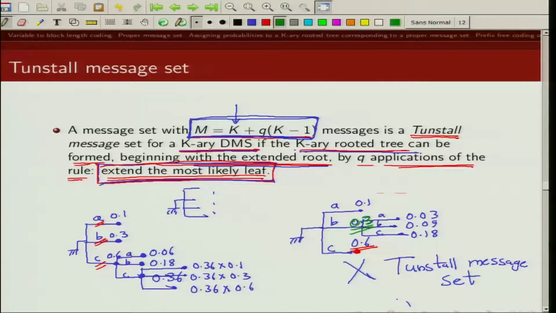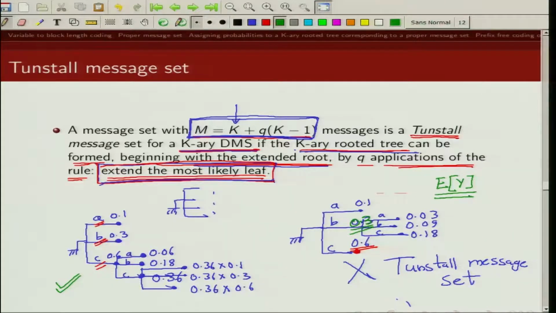So this is not a Tunstall message set, whereas this is a Tunstall message set. Now you can see easily why a Tunstall message set maximizes the expected value of y, because that's our objective. We want to parse a message in a fashion which would maximize the expected value of y.